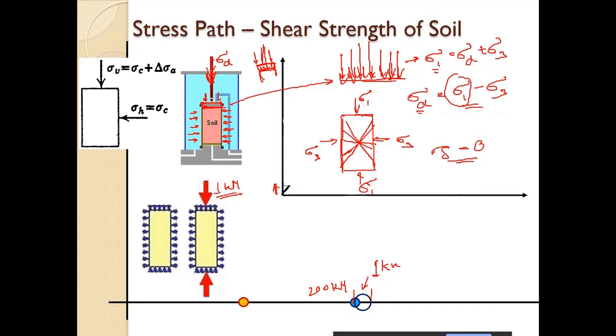But as soon as sigma 1 is applied, we have development of shear stresses. The shear stresses at various planes will develop according to the Mohr circle.